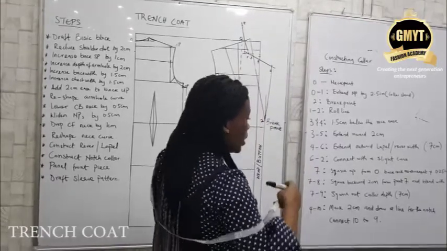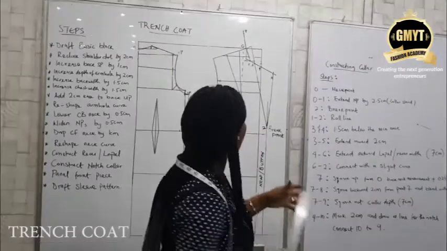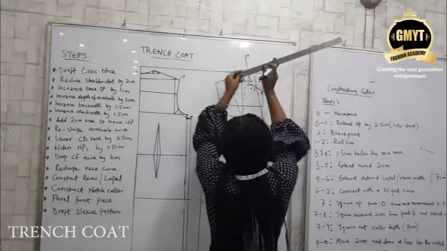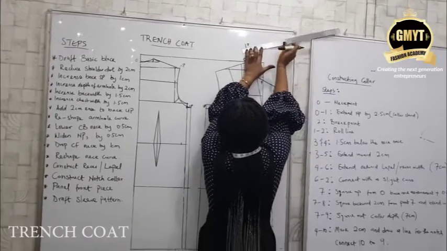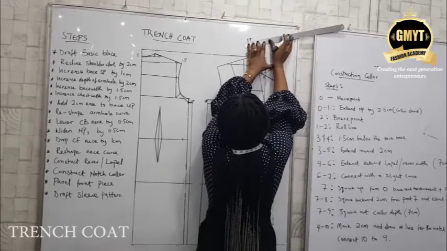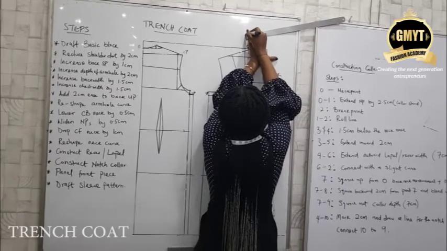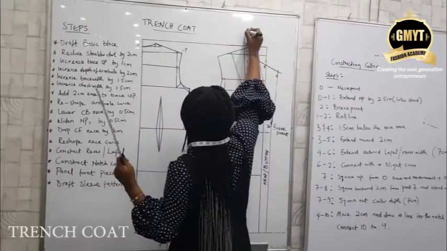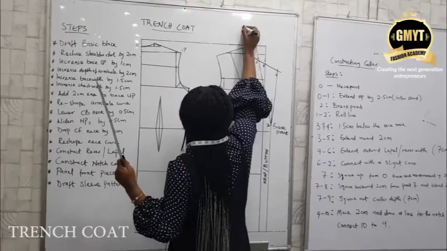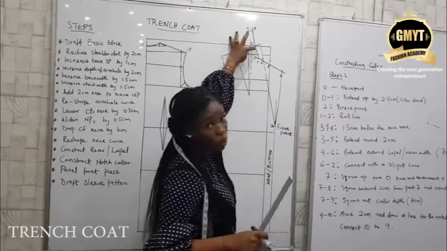So to get my point 8, I'm going to square backward from point 7, 2 cm. That's going to be my point 8. And I connect point 8 with a curve to point 0.